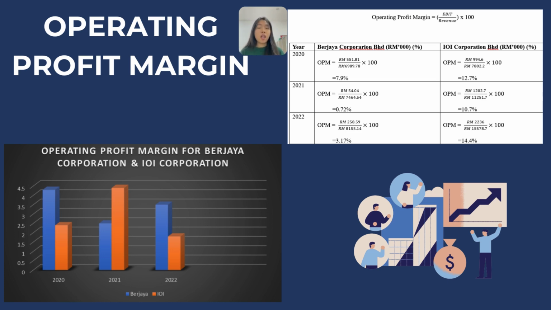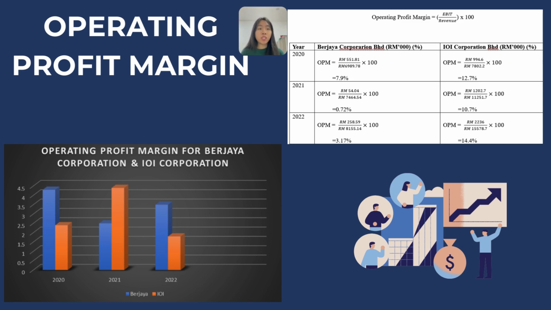As you can see, in Table 4 subsection B and Graph 4 subsection B, in 2020, IOI had a higher operating margin, 12.7% compared to Berjaya 7.9%. In 2021, IOI again had a higher operating profit margin, 10.7% compared to Berjaya 0.72%.